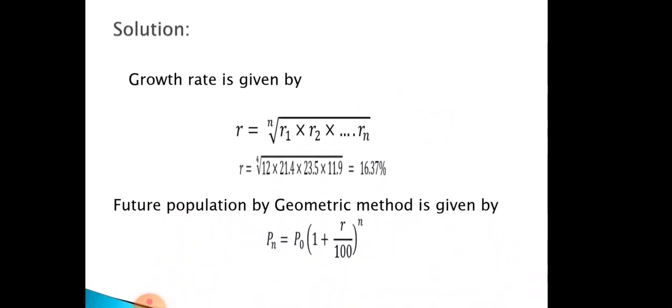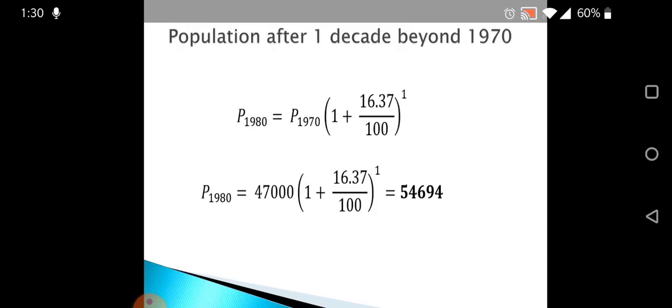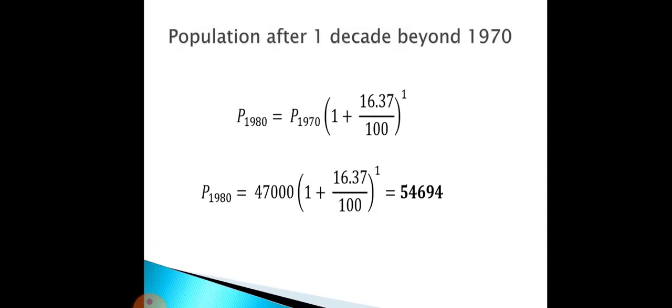How will you find the future population by the geometrical method? It is obtained by Pn is equal to Po into (1 plus R by 100) the whole raised to n. The population after 1 decade beyond 1970, that is in the year 1980, will be equal to the present population in 1970 into (1 plus R by 100) the whole raised to n, where n represents the number of decades, that is 1.